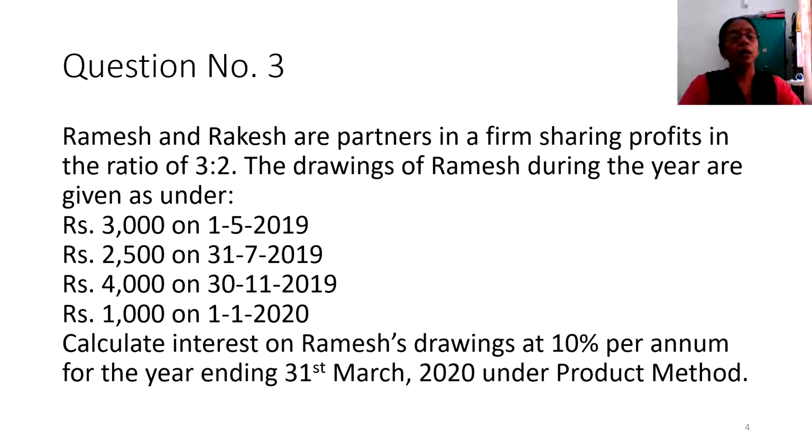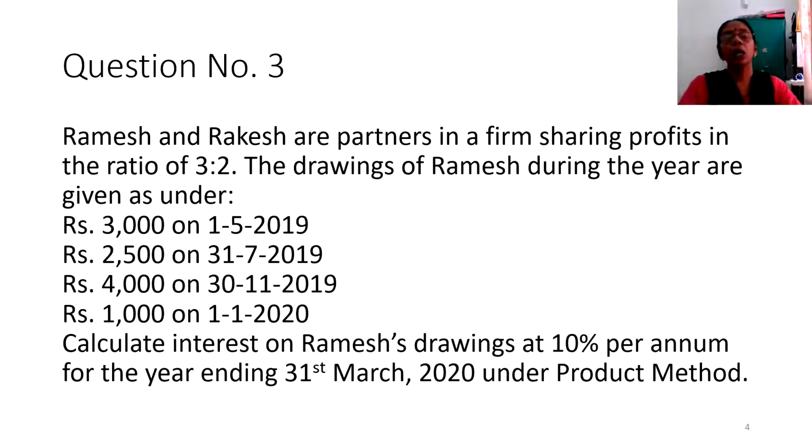On 1st of May, Ramesh withdrew rupees 3,000, and after that 31st of July, 30th of September and 1st of January, which have no frequent intervals. That is, it is haphazard. Naturally, we call this trend irregular drawings, and you are asked to compute IOD under the product method only, keeping the interest rate as 10% per annum.